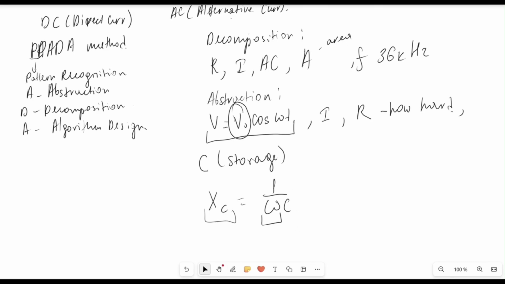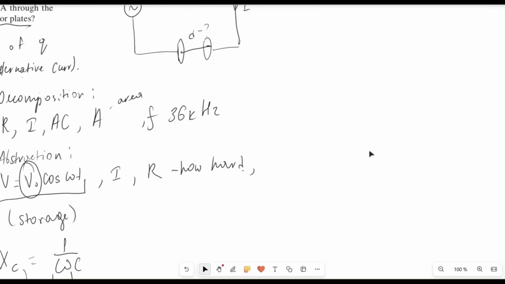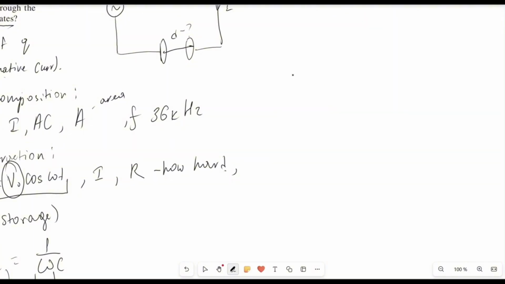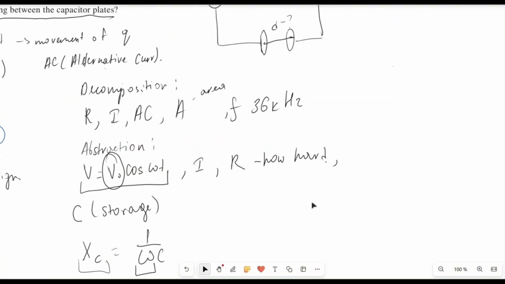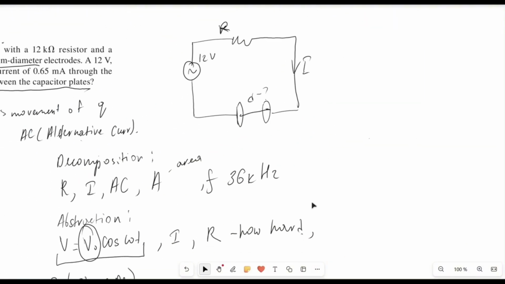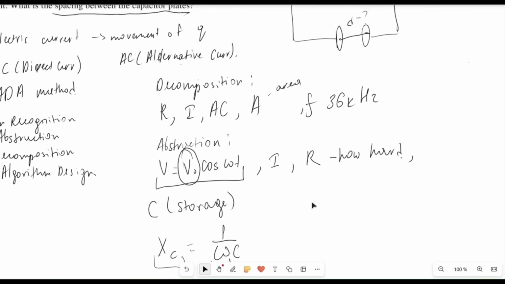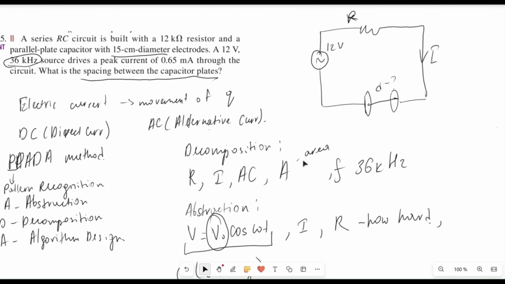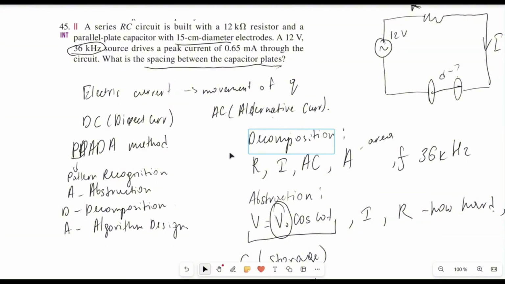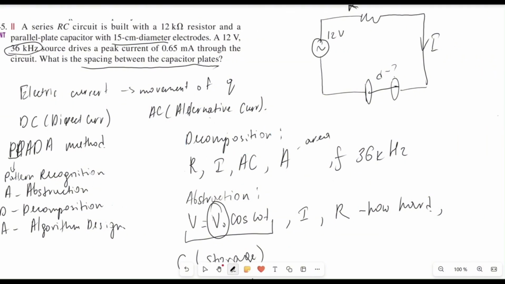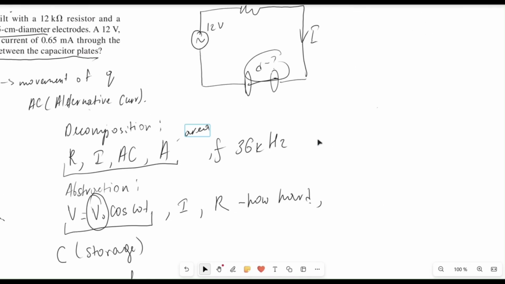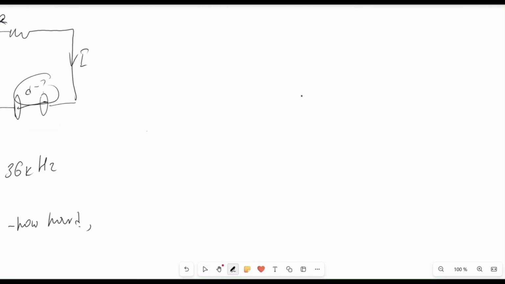Next, let's move to the next part of our method, algorithm design. We now understand what a capacitance is, the graph, and also what we have and what we need to find. Okay, let's move to the formulas, not just writing formulas, but also using this algorithm design.